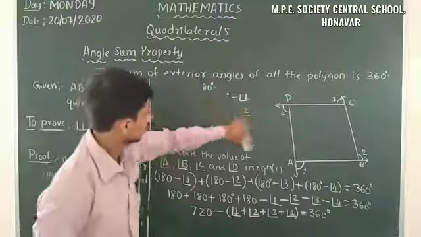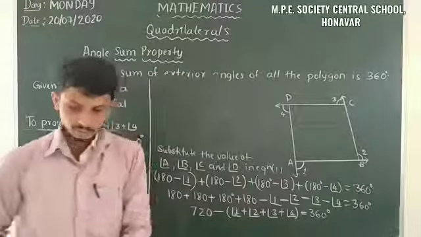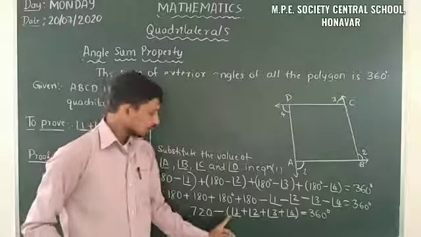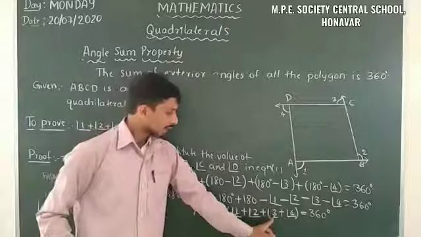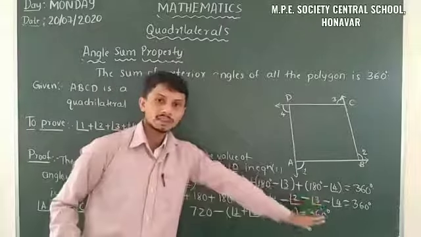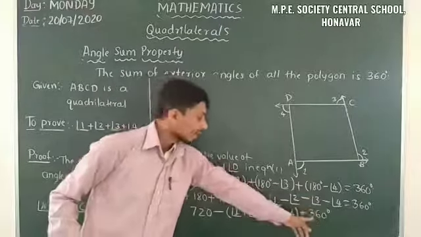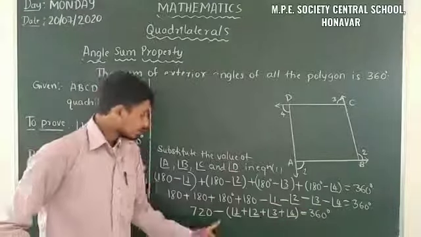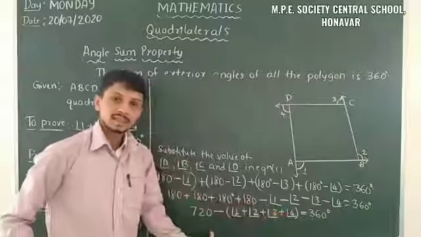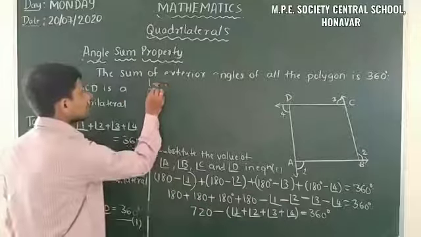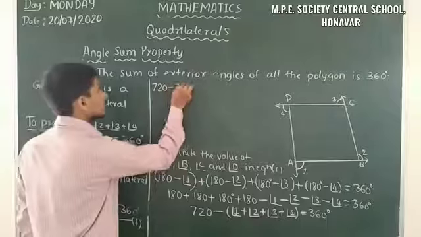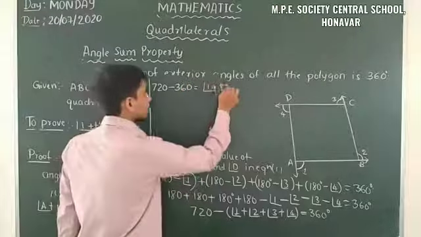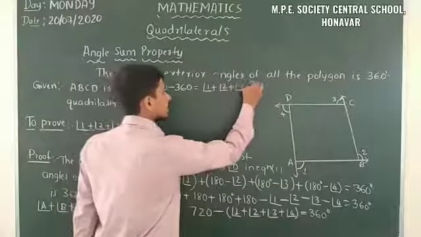After that, just observe here. I will transpose this whole angle 1, angle 2, angle 3 and angle 4 to the RHS side. So it will become plus, and 360 to the LHS side, where the plus 360 becomes minus 360. That means 720 minus 360 is equal to angle 1 plus angle 2 plus angle 3 plus angle 4.